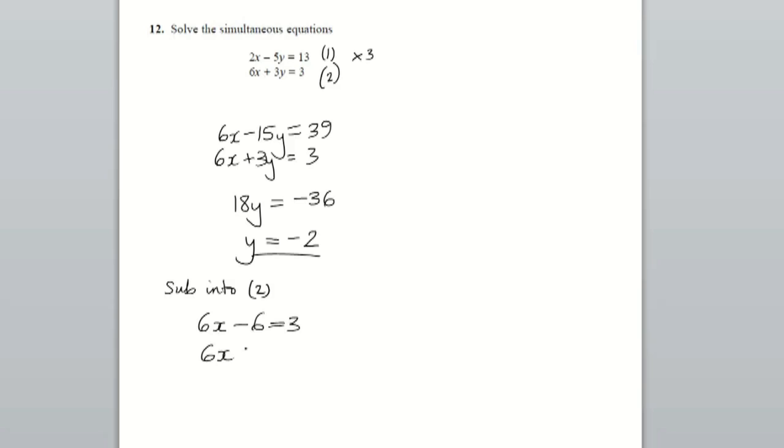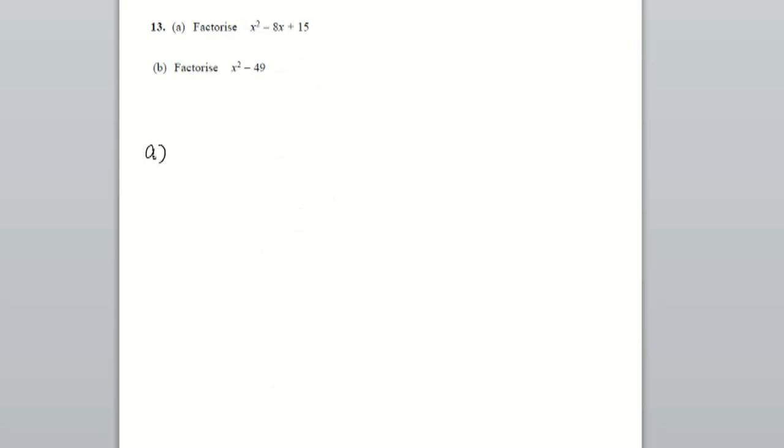So 6x equals 9. x equals 9 over 6, 3 over 2, 1.5. Check it in the top one. 2 lots of 1.5 is 3. Take away 5 times minus 2 is 10, positive 10. 3 plus 10, 13.